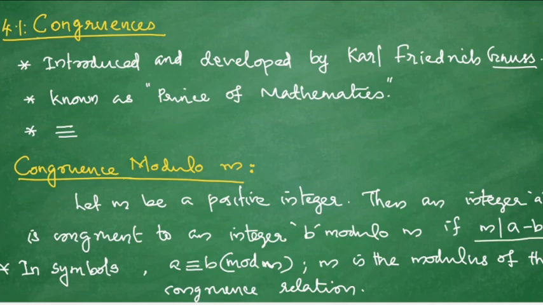We write this in symbols as a ≡ b (mod m). m is the modulus of the congruence relation.